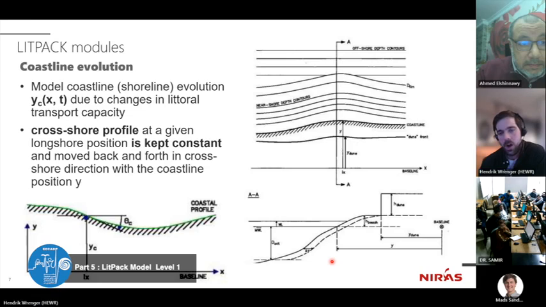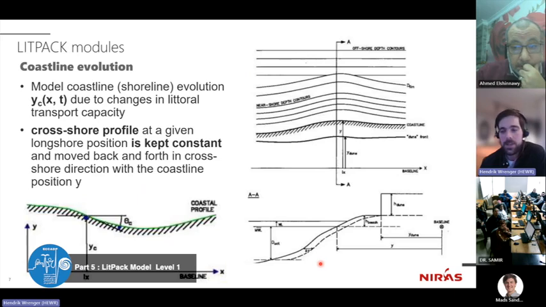But as long as this profile here is what I assume to be the average profile, it probably doesn't matter so much for the long-term coastline position if the littoral transport happens a little bit further offshore or a little bit further nearshore. So in the context of long-term modeling of this coastline profile evolution, I can accept that the acute erosion in the cross-shore profile direction is not resolved properly.